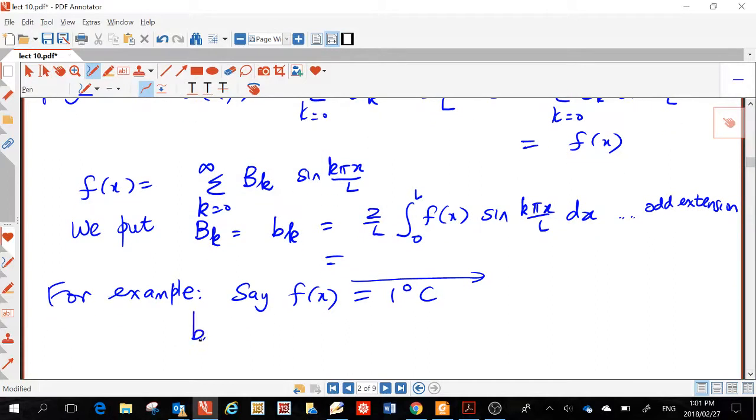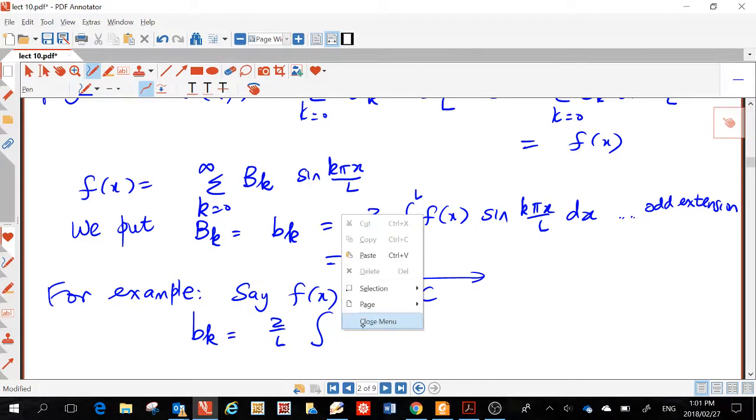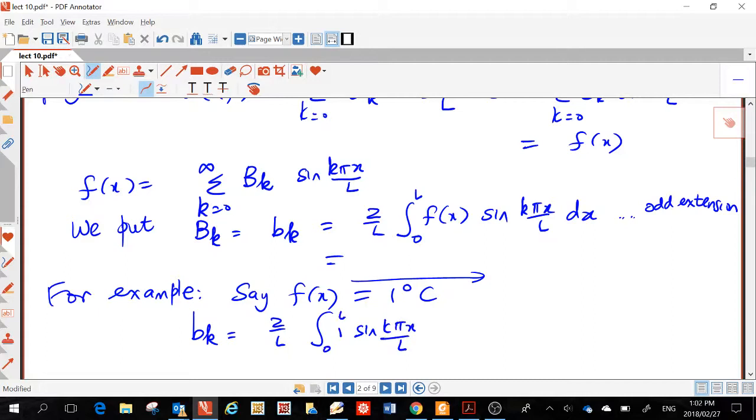So the bk will be 2 over L integral of 1 sine k pi x over L from 0 to L. Integrate that, that's 2 over L, integral of sine is minus cos k pi x over L over k pi over L from 0 to L.